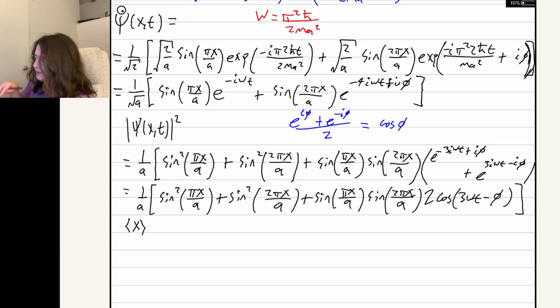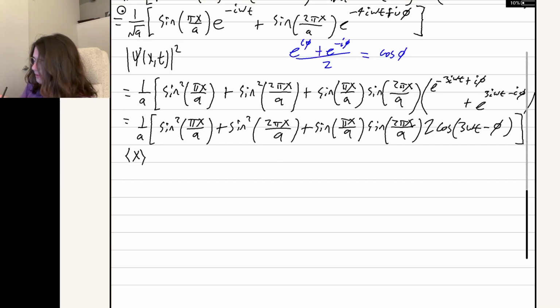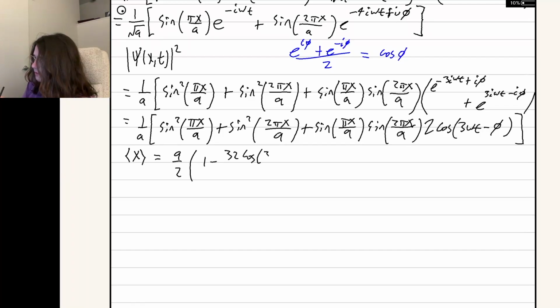That end result being a over 2 times 1 minus 32 cosine 3 omega t, now featuring a minus phi in the cosine, over 9 pi squared. That was your expectation value of x. And if you're thinking about how that wave looks, there's no change in the amplitude.